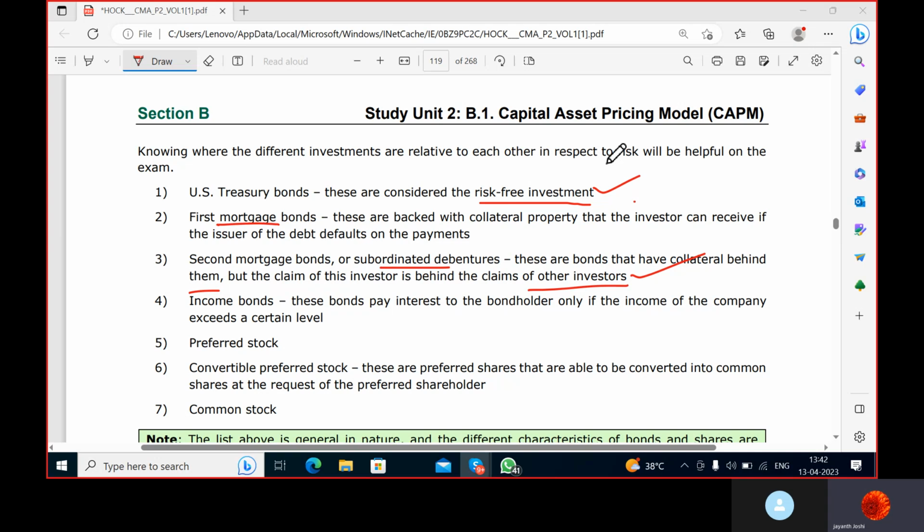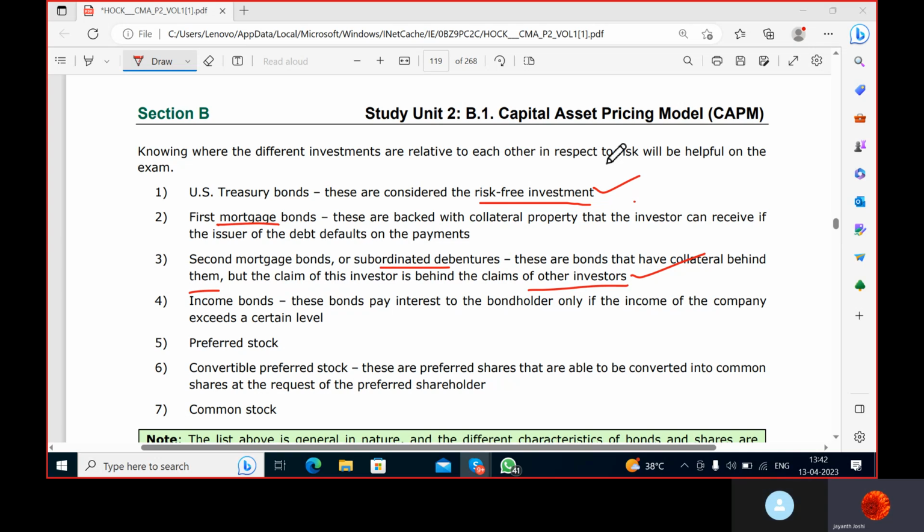Generally, a subordinated debenture is an unsecured bond which doesn't have security, and the first mortgage bonds are the secured bonds. So now you tell me, whenever the repayment comes, the company has to repay both of them, but who is making the claim first? The ones who have given their asset as collateral, am I right? They are the ones who have to be ranked first, and then these people will be given the next priority.